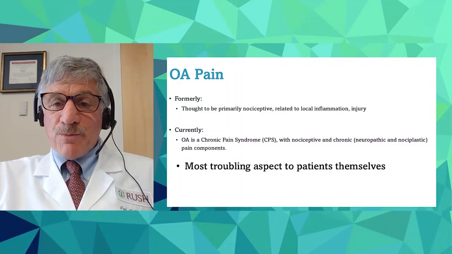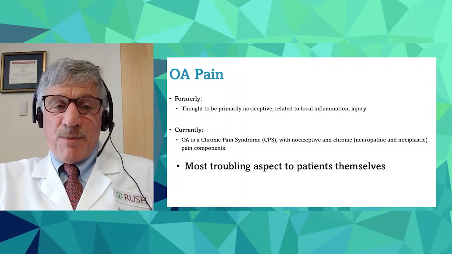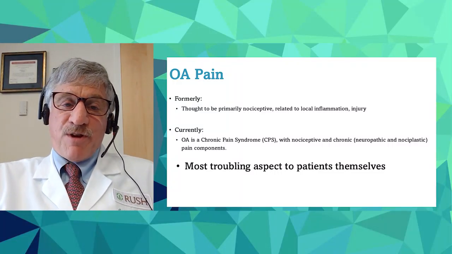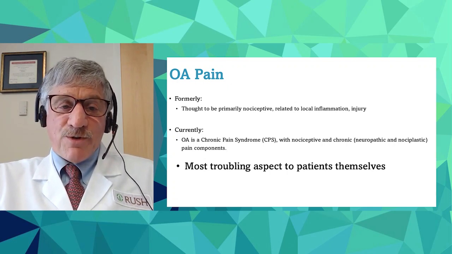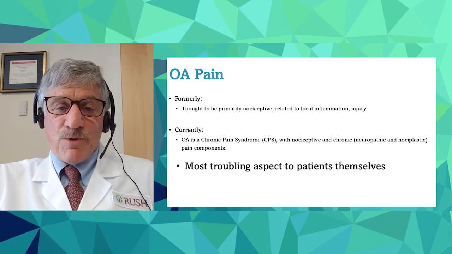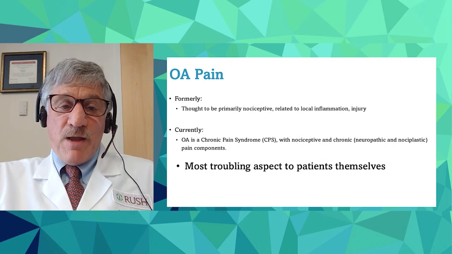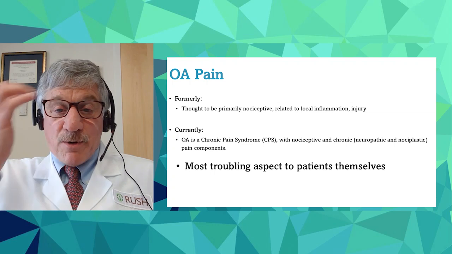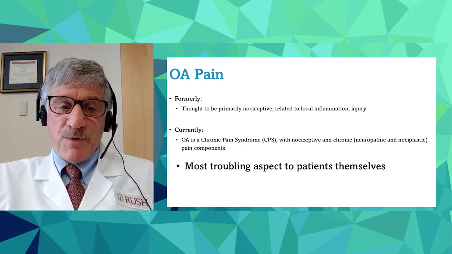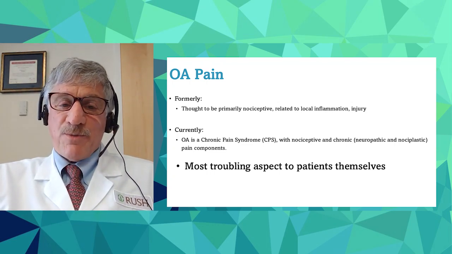The reason this is important for osteoarthritis is that in the past, we always thought of OA as a primarily nociceptive pain disease, but we now understand that it is a chronic pain syndrome, and it has nociceptive and inflammatory components, but it also frequently has chronic neuropathic and nociplastic components. And of course, pain is the most troubling aspect to the patients themselves.